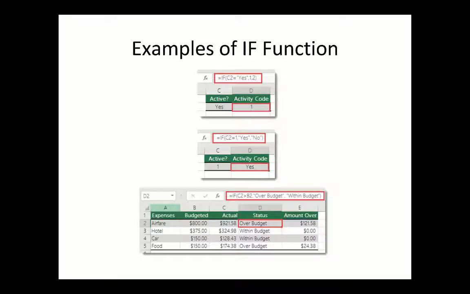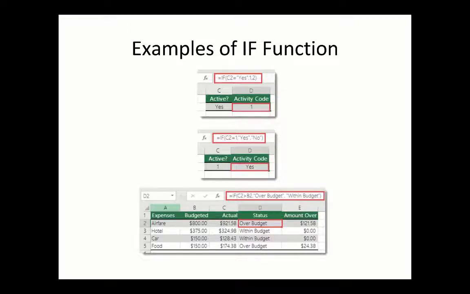The final example is testing a conditional statement using data found in two different cells. As shown, there is data that has the budgeted expenses in column B and the actual expenses in column C. If we wanted to test the statement regarding whether our actual expenses exceed our budget, and when this is true, to return text indicating if we are over or within budget, we can use the if function.